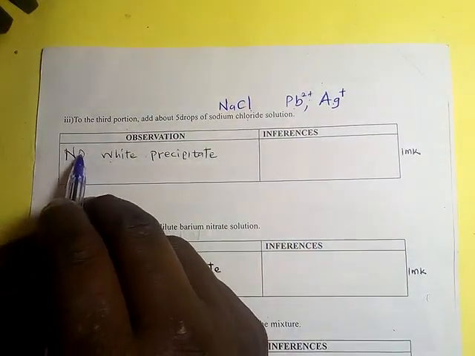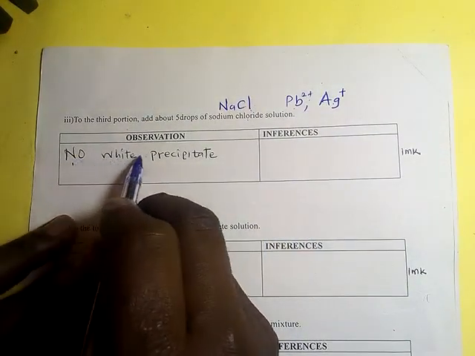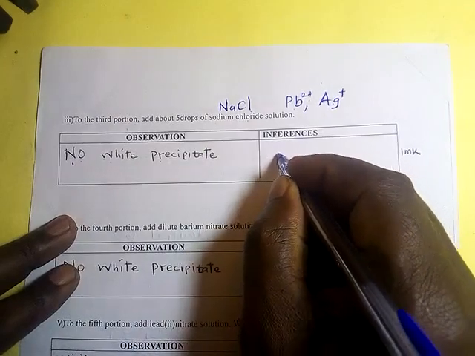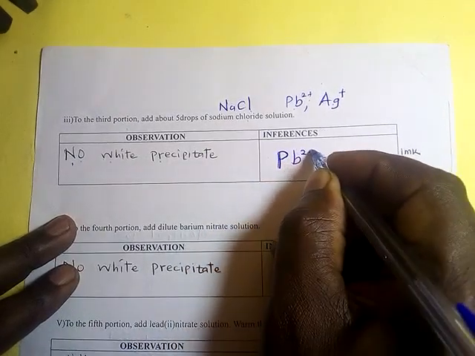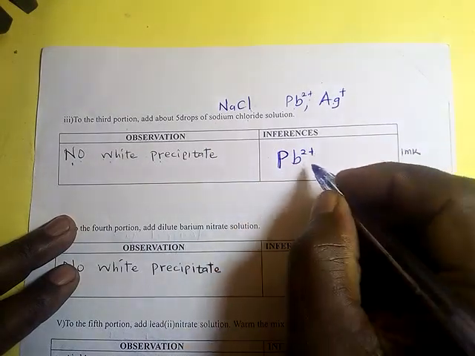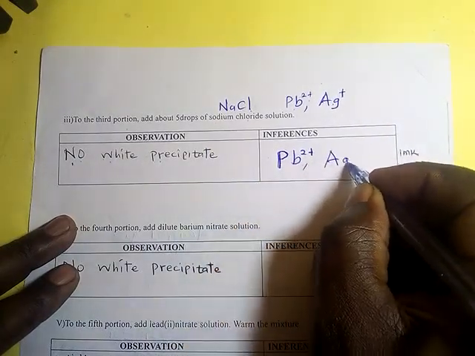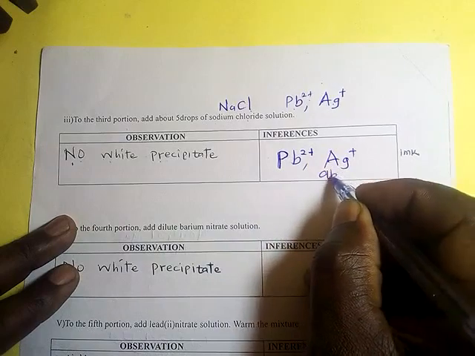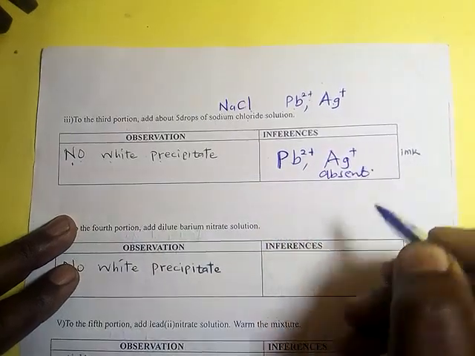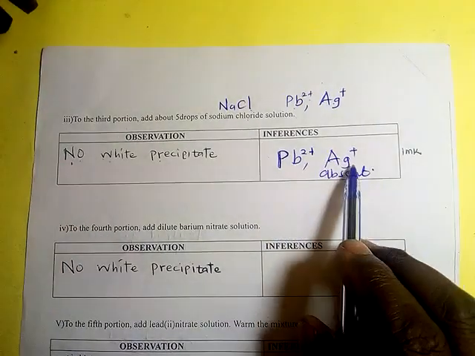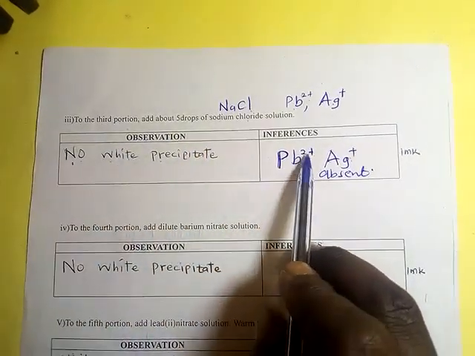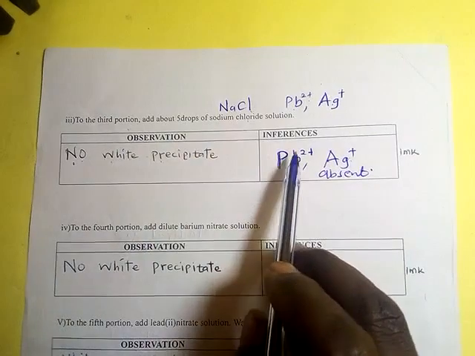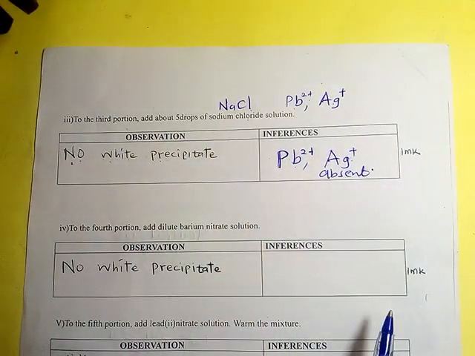So since there is no white precipitate, it means that lead 2+, and you can even say silver, are absent.